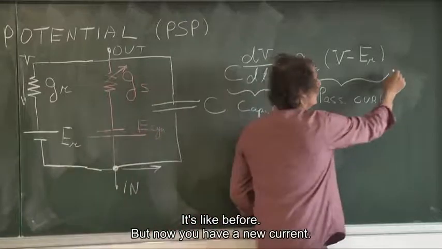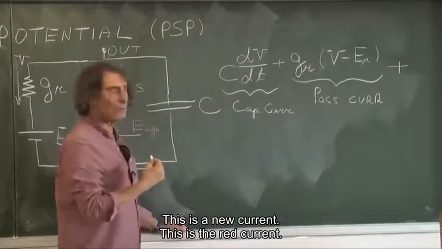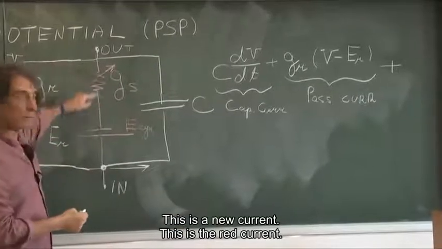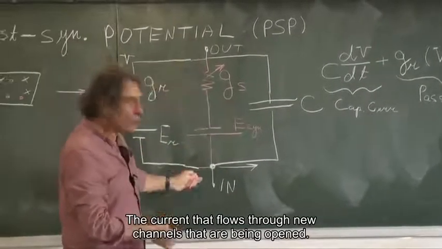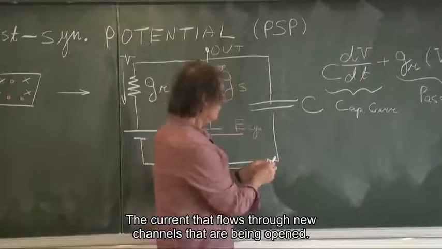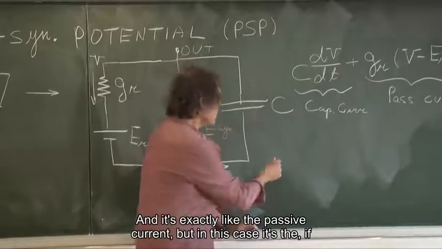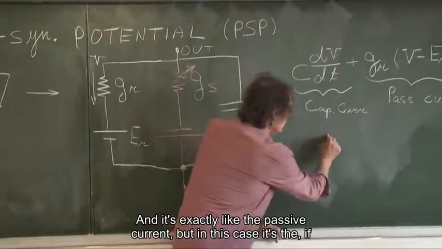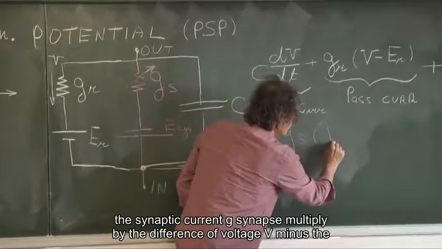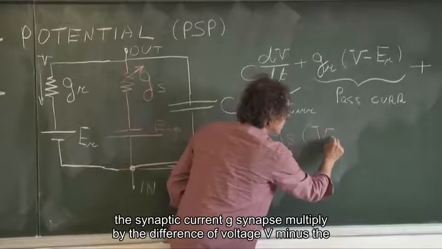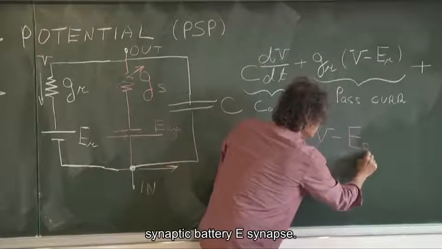But now you have a new current. This is the red current. The current that flows through new channels that are being opened. And it's exactly like the passive current, but in this case it's the synaptic current, G synapse, multiplied by the difference of voltage, V minus the synaptic battery, E synapse.